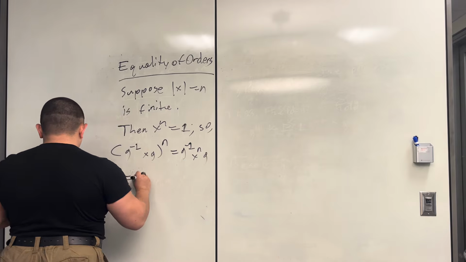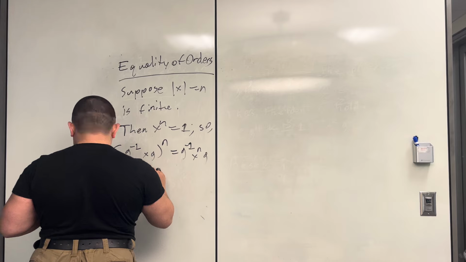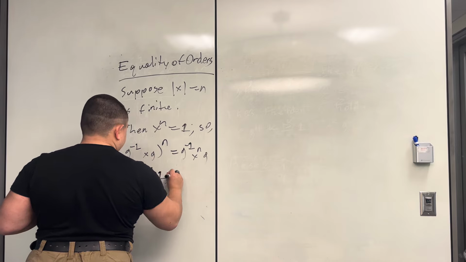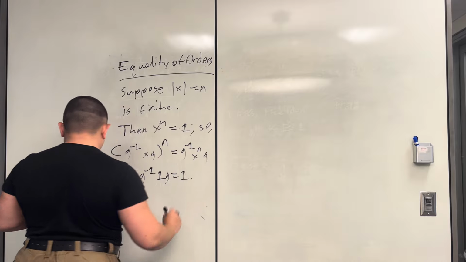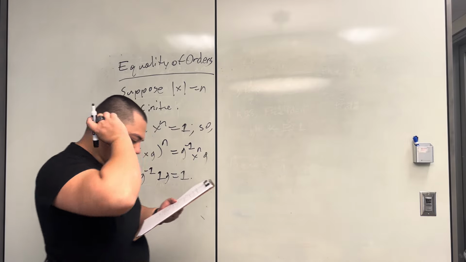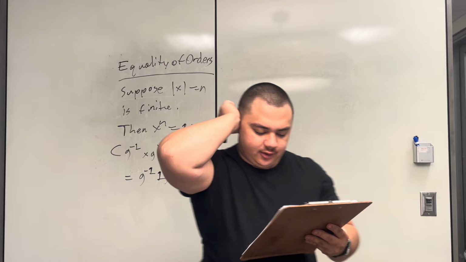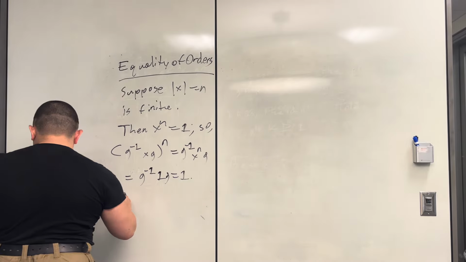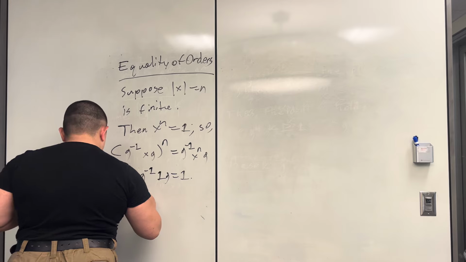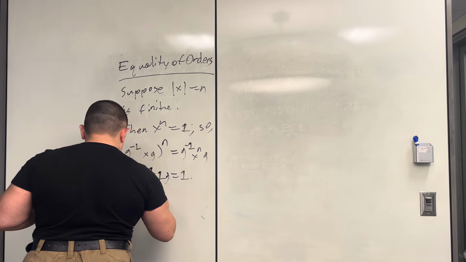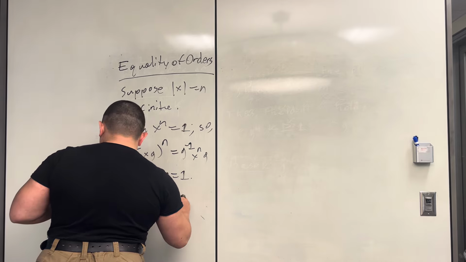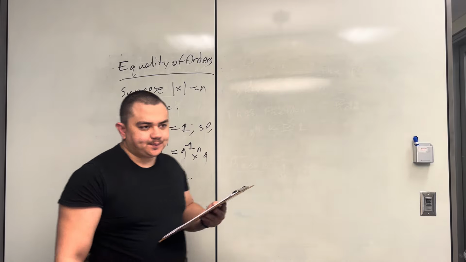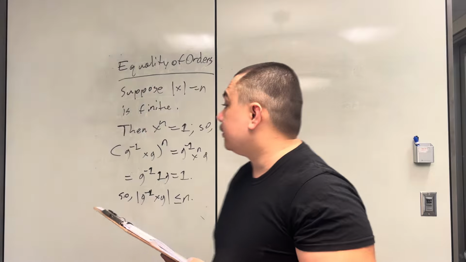That is equal to g^(-1) times 1 times g, which is equal to 1, for some n. So the order of g^(-1) x g is less than or equal to n, by definition of the order of an element.